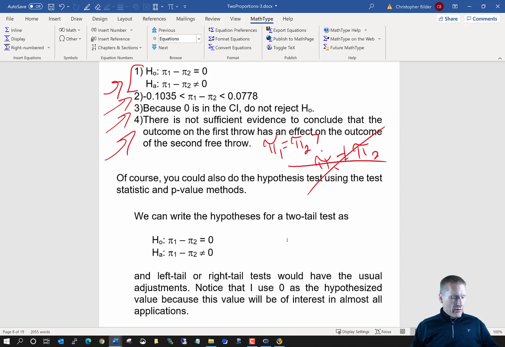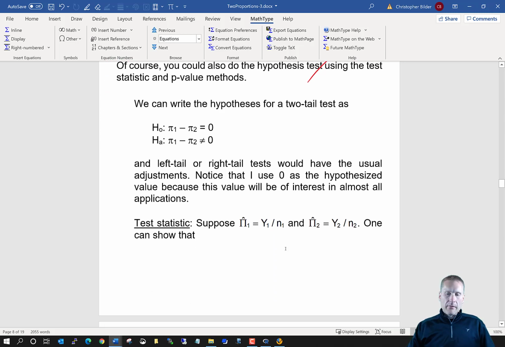Okay, so that takes us to page 9. Well, what about now using a test statistic? I'm sorry, let me back up for a second, and perhaps I should have mentioned this before.